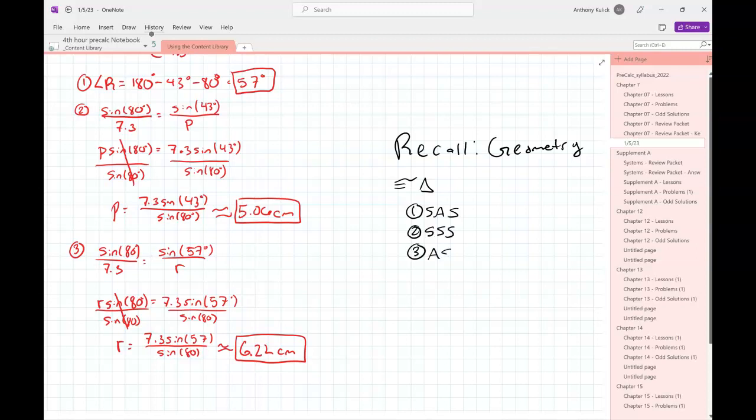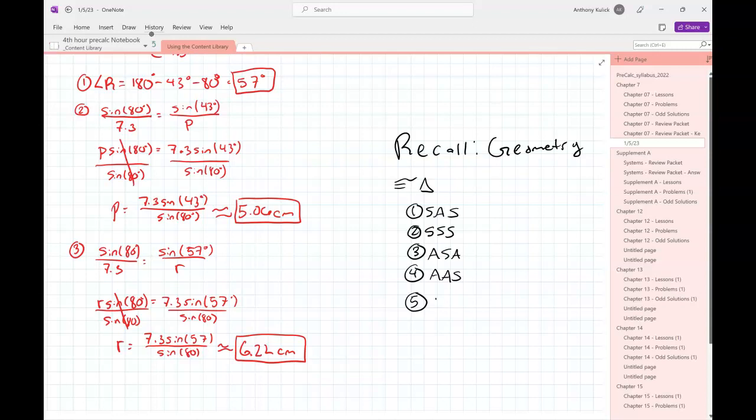Angle, side, angle. Uh-huh. Angle, angle, side. That is not one of them. That's a similarity theorem, not a congruence theorem. Angle, side, side.